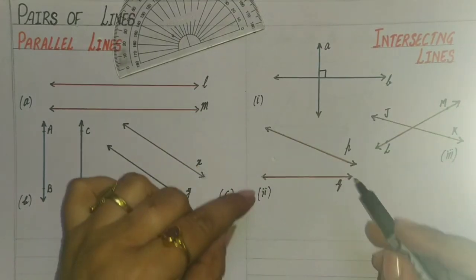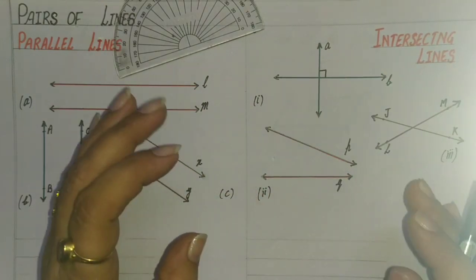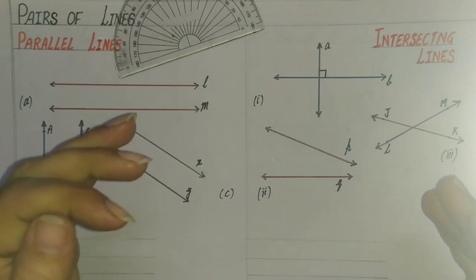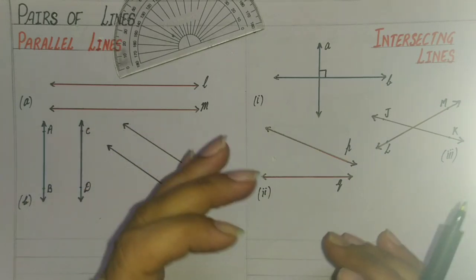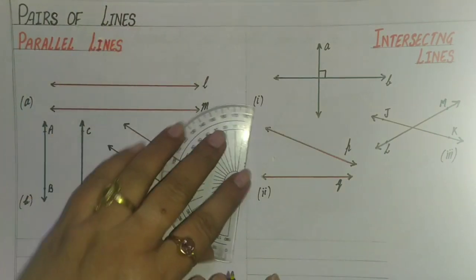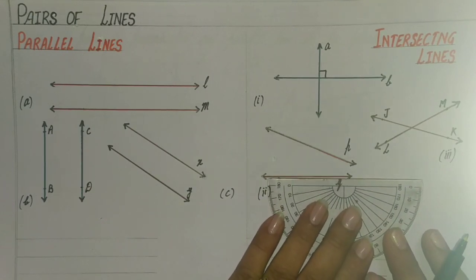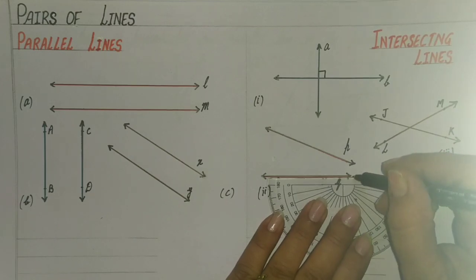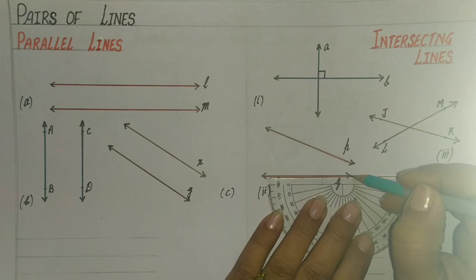In the second part, P and Q are intersecting lines. Now, in the figure, as you can see, both are not crossing each other, but if you check carefully, because these are lines, if we extend both of them, then at some point they must cross each other.